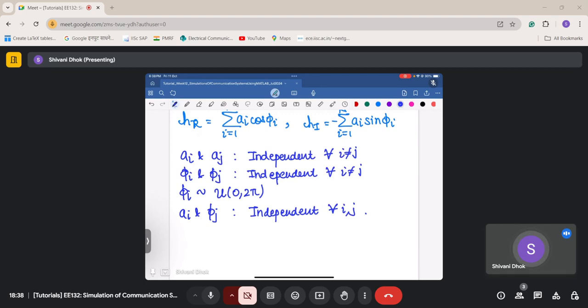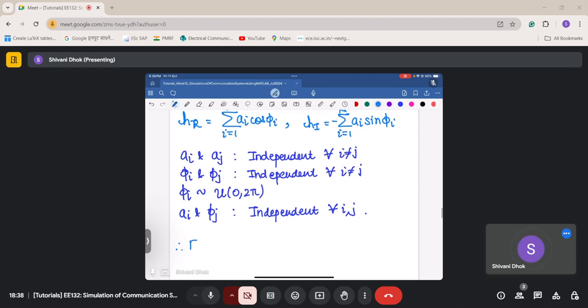Okay. So now if this is the case, then your ai cos phi i are independent of your aj cos phi j. Similarly, your ai sin phi i are independent of your aj sin phi j. In that situation, both are summations of independent random variables.